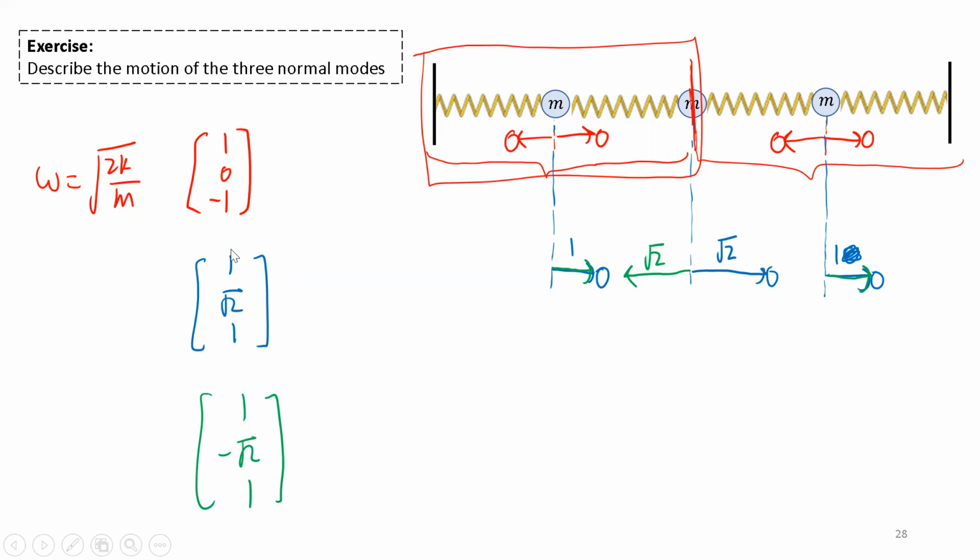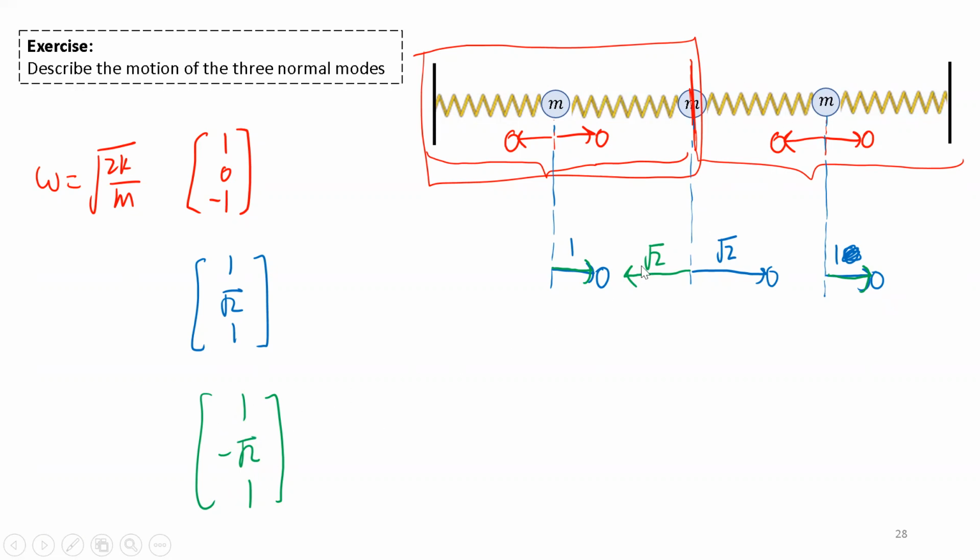Because in this case, all the springs are really kind of moving to one side, and therefore you will not be creating that much stretching or compression for this spring and this spring.